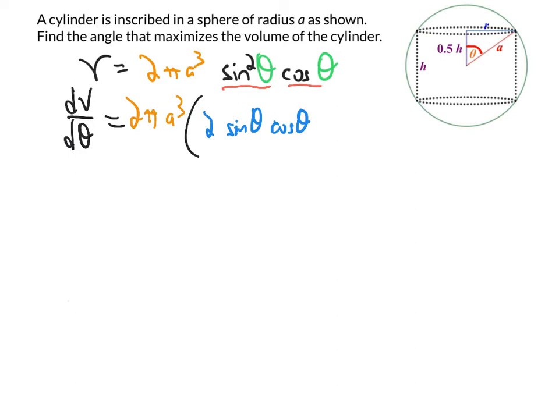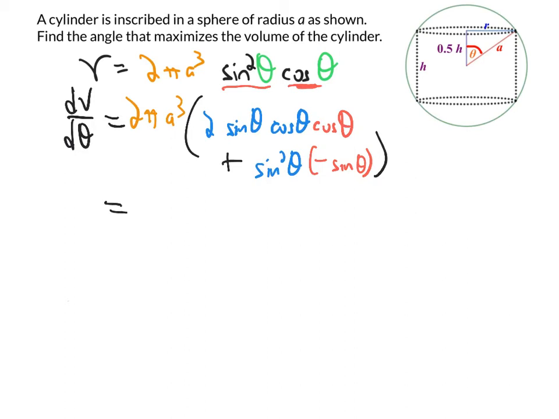But it is already times a cosine theta, that's this guy. And then we're going to add in the first one, which was sine squared of theta, times the derivative of cosine of theta, which is minus the sine of theta. So we end up with something that looks like that.